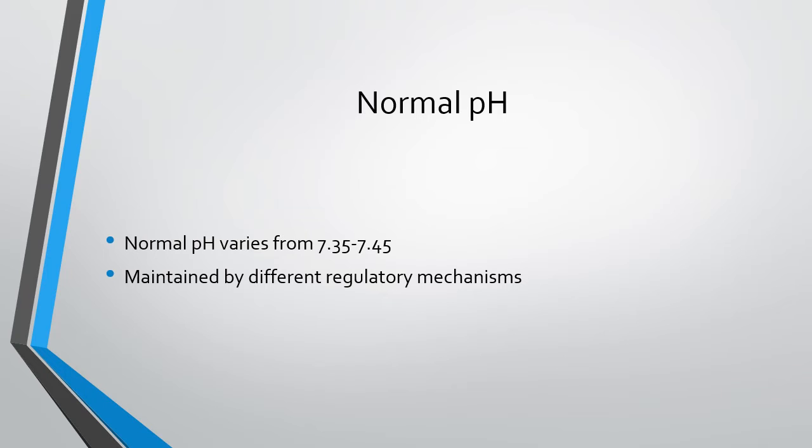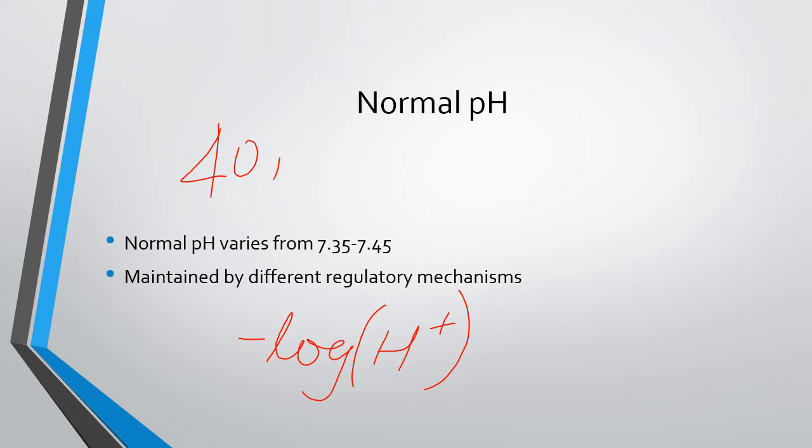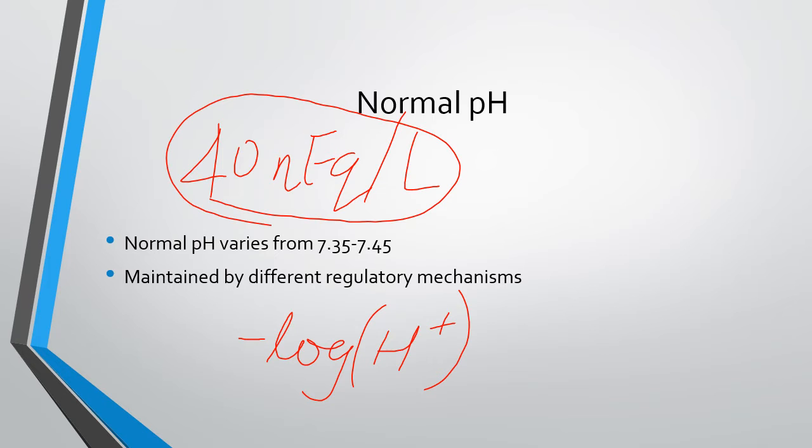Mathematically, pH is the negative log of the H plus ion concentration in the body. At a pH of 7.4, the H plus ion concentration is 40 nanoequivalents per liter. This is important to know.